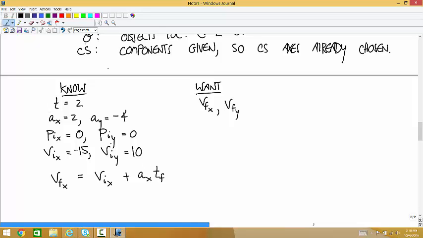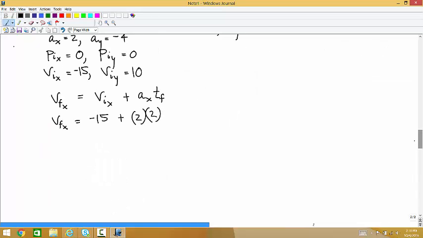TF is known. So this will work. So VFX is equal to negative 15 plus 2 times 2, and so that is negative 11.